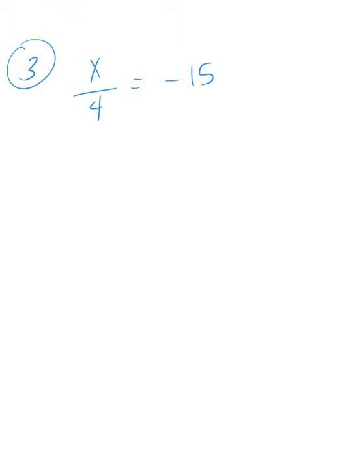So x over 4 equals negative 15. This is like a division problem. So if you need to, you can write it like this: 1/4 x equals negative 15, which is the same thing. So this is being multiplied, so I can divide by 1/4 on both sides.